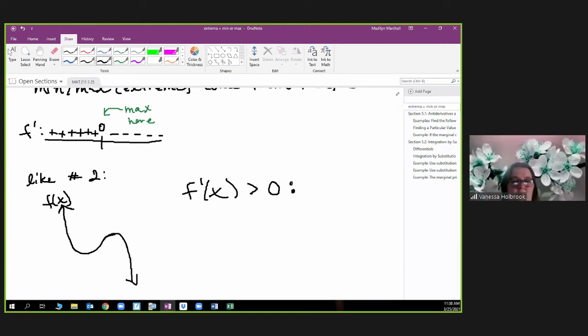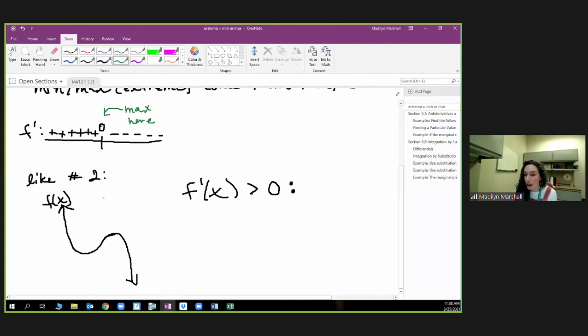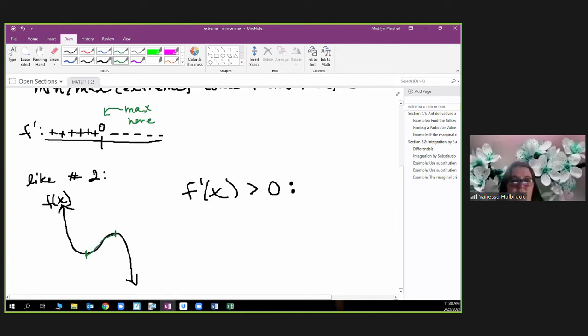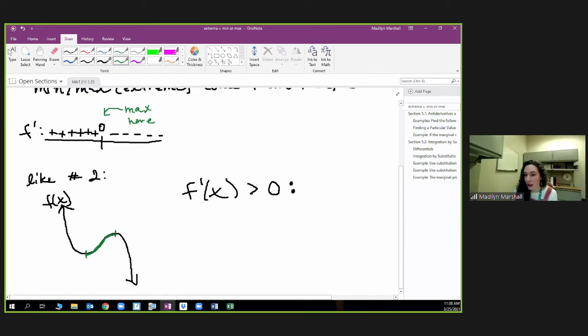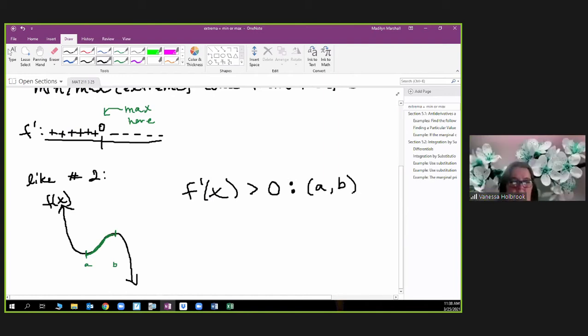It's increasing, exactly. So this one would be increasing from here up to here. So whatever that interval is, I'm just going to say this is a to b, would be the interval on which the first derivative is greater than 0.